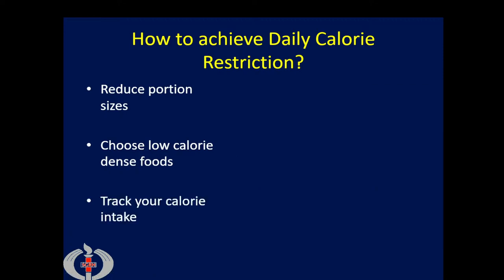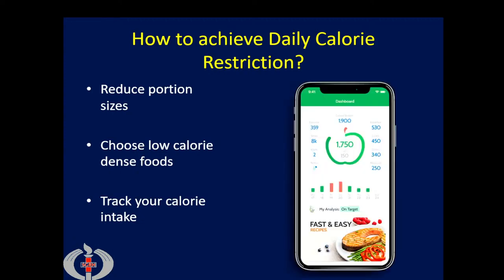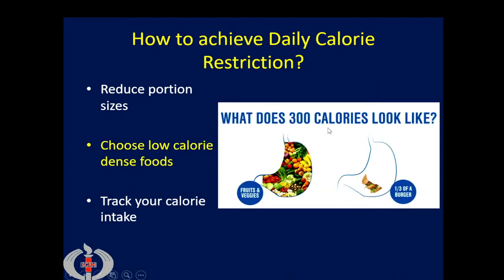And then we can advise some of the patients who have smartphones that they can track their caloric intake on a day-to-day basis. Although most people are not able to do it, but even if 10% are able to do it, we can make a big change in that. So among all these three things, choosing a low calorie dense food is most important.